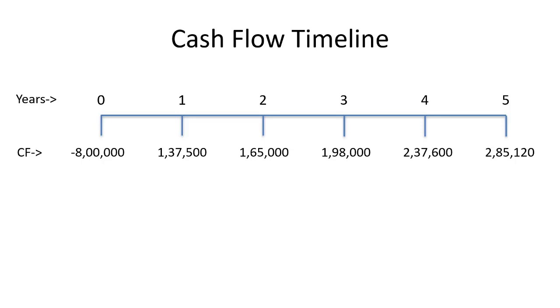In this case, what we need to do is add these cash flows and get to the point where the total of these cash flows equals the 8 lakh rupees that you're investing as initial cost.